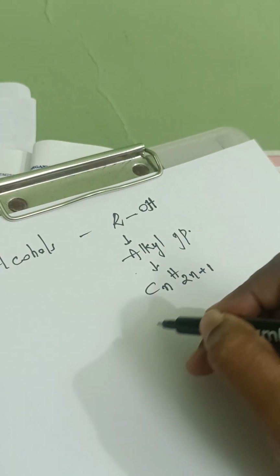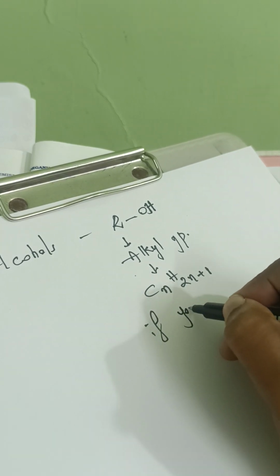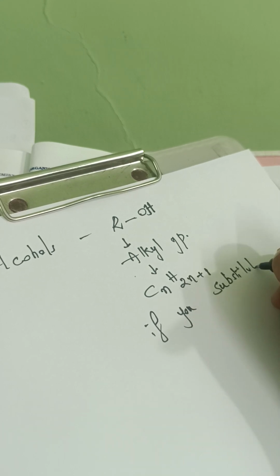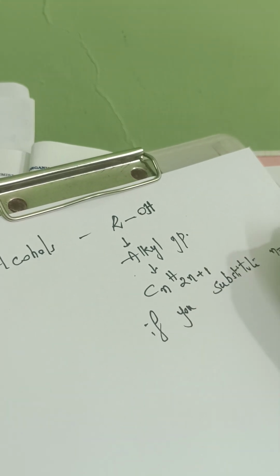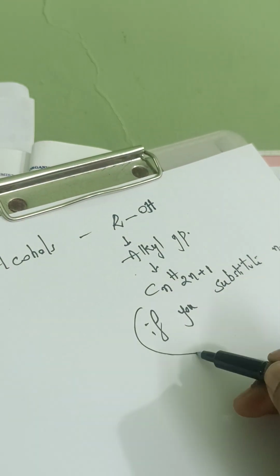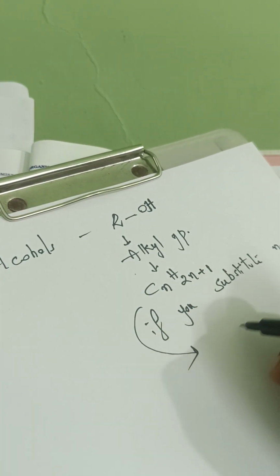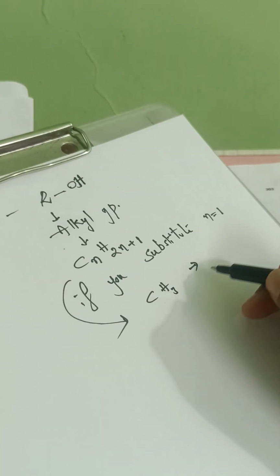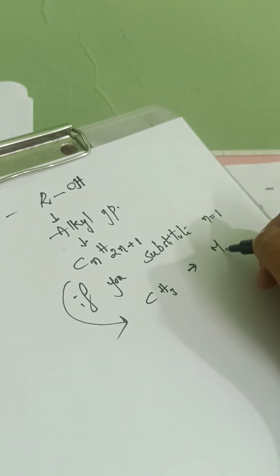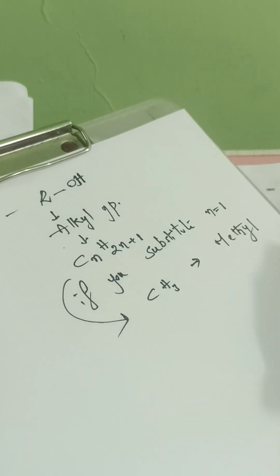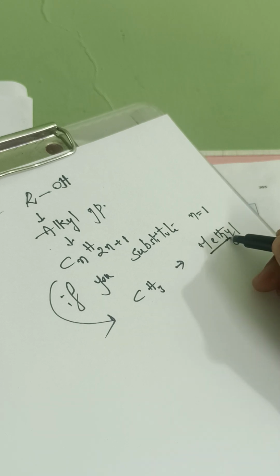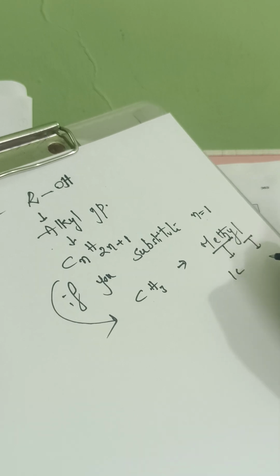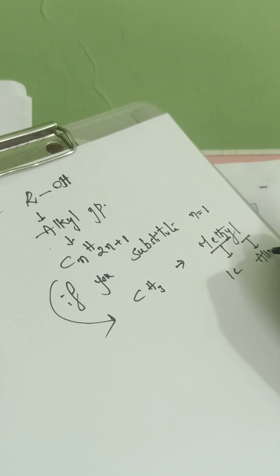If you substitute n equal to 1, the formula becomes CH3. So you can name this organic compound as methyl. Meth is nothing but one carbon. Yl is nothing but what comes under alkyl.